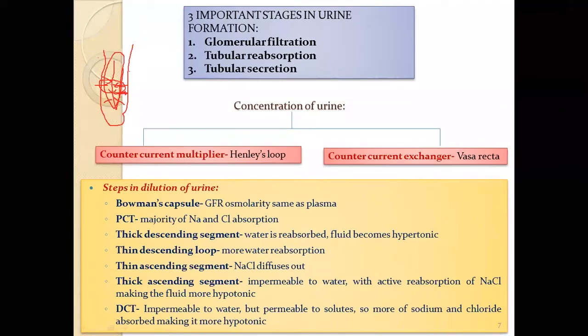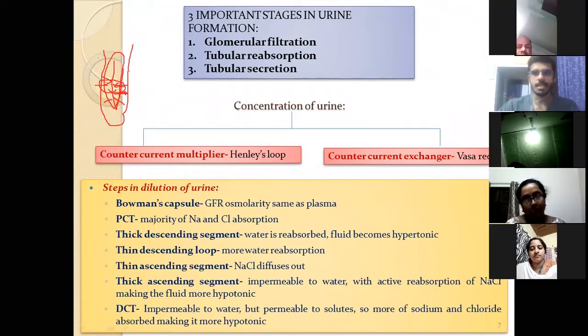Movement of ions occurs across the Henle loop into the interstitial fluid so as to maintain a hyperosmolar state of the interstitial fluid. That's why it's called counter current multiplier. It is increasing, multiplying the osmolarity of the interstitial fluid. That's why hyperosmolar state. So counter current multiplier occurs in the Henle's loop.